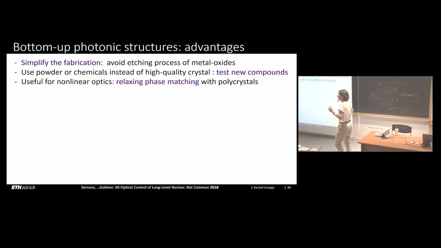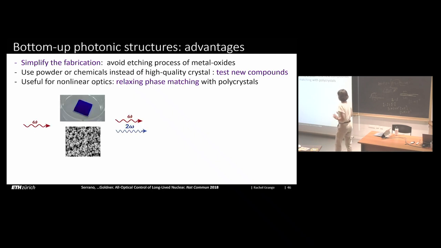You have a bit more flexibility in testing new compounds, not only lithium niobate that is available, but maybe other types of compounds. And then it's very useful for nonlinear optics to go bottom-up, to stay polycrystalline, because as I showed you, you are really relaxing the phase matching condition. You have a material that is broadband, and you can use it without having to care about the phase matching.